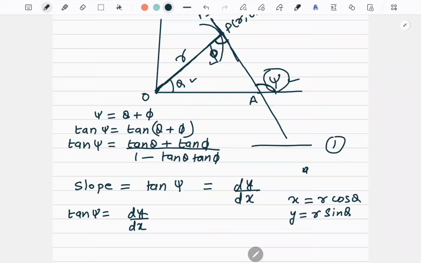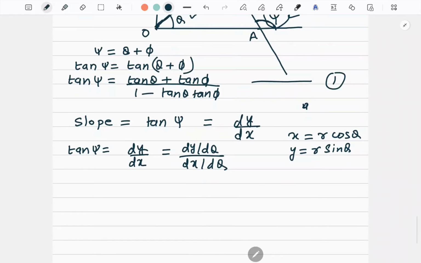But I am not interested in y and x because I am working in polar coordinates. I want to bring r and theta into the picture. So can I rewrite it as dy by d theta upon dx by d theta? We can do it, right? But if I am doing it like this, I should know the values of dy by d theta and dx by d theta. So let's work on that.